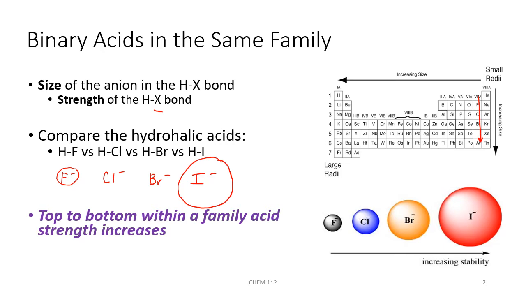As the size of the conjugate base gets larger, it increases in stability. So iodide is the most stable conjugate base of our hydrohalic acid group. Since iodide is the most stable conjugate base, that means that the acid HI will be the strongest acid.